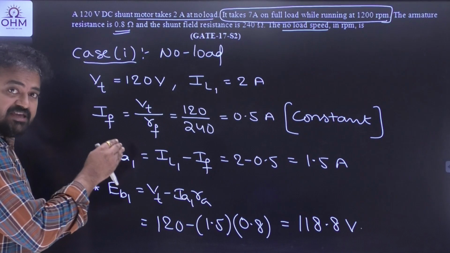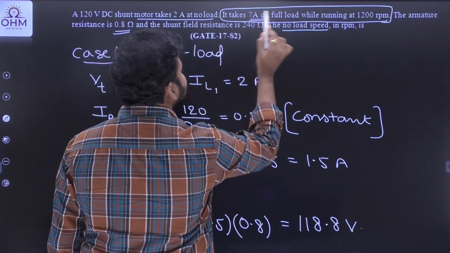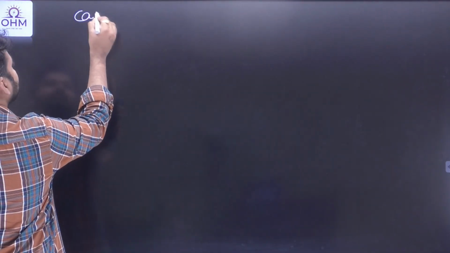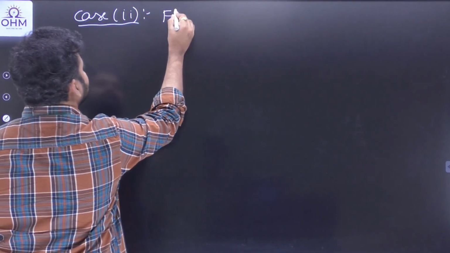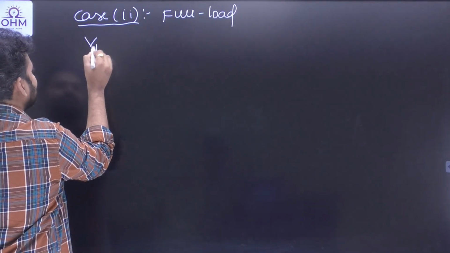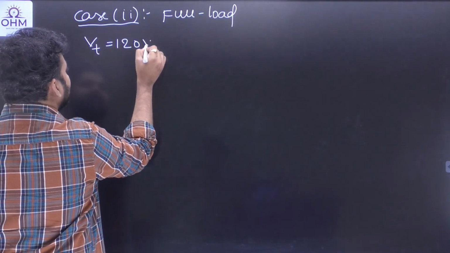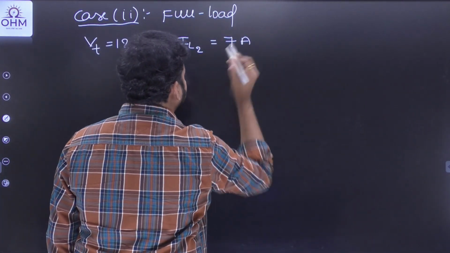Now answer the same question at full load also. At full load, how much current is taken by the machine? 7 ampere. So case number 2, the full load case. The supply voltage does not change, same 120 volt, but the current drawn by the motor in the second case is 7 ampere.